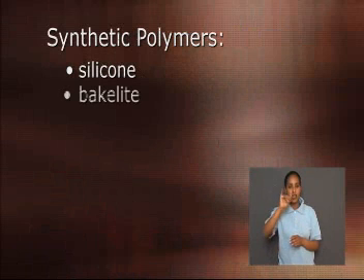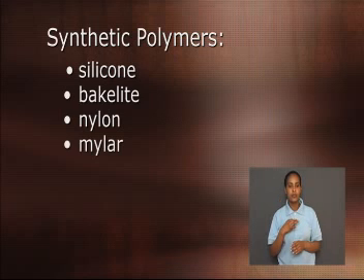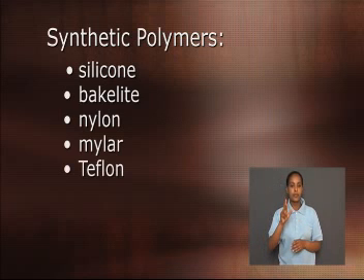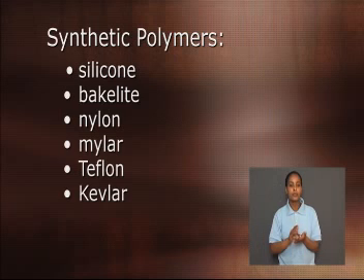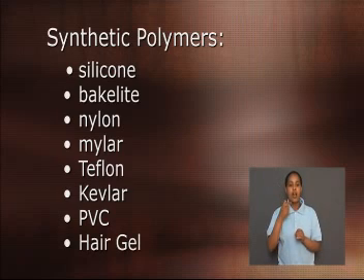Some examples of synthetic polymers are silicone, bakelite, nylon, mylar, Teflon, Kevlar, and PVC. Even hair gel is made of synthetic polymers. As you can see, polymers are extremely versatile and useful substances.